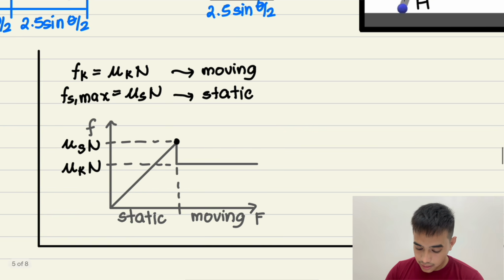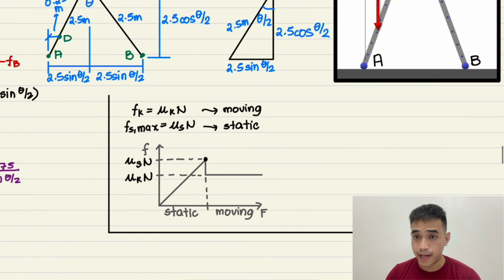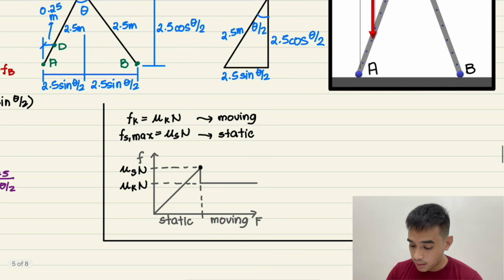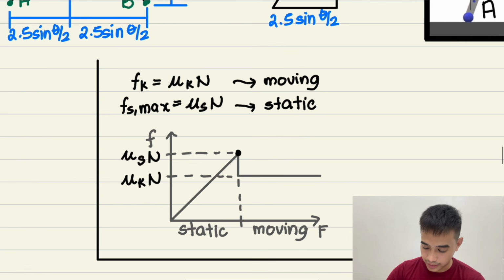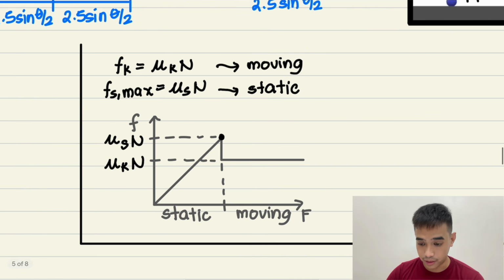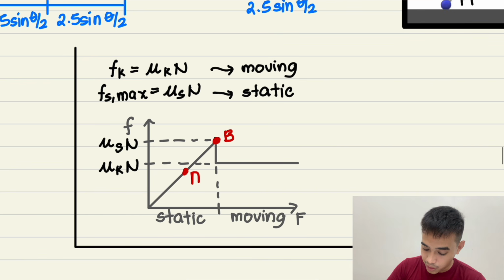This implies that since our NA and NB are not equal, points A and B will slip at different times, so one of them will begin to slip earlier than the other. It's possible that at a certain applied load, point B will be here while point A will be here.